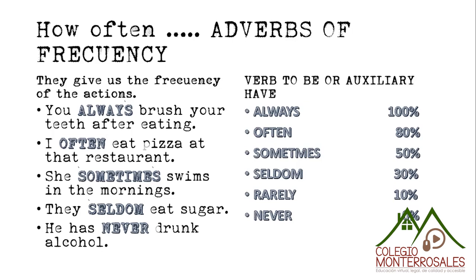So I never drink alcohol when I have to drive a car. So here we have, these are adverbs of frequency. So let's think about different examples for using these different words. Okay, always 100% of the time, often 80%, sometimes 50%, seldom 30, rarely 10, and never 0.